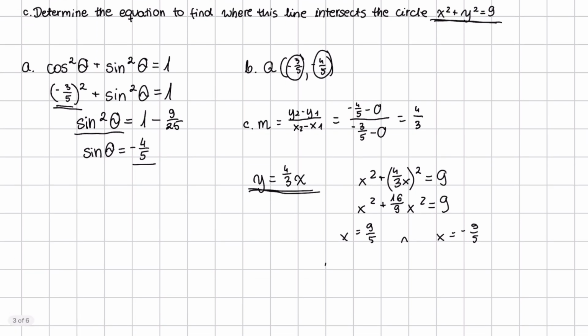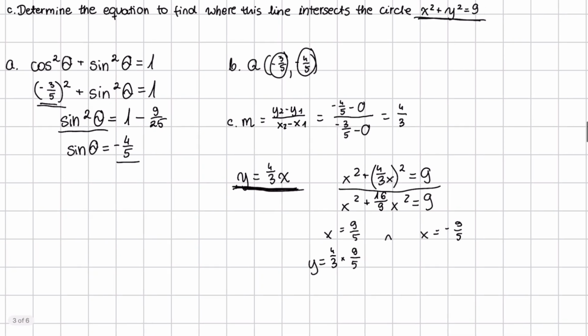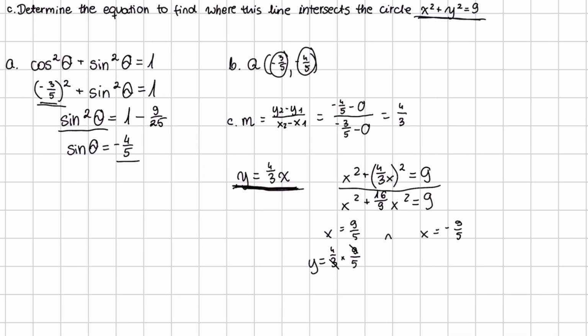So we have to find y for the first and for the second x. So basically we can substitute this x into one of these formulas. Let's substitute it in here because here we'll have less to calculate. So we have 4/3 times 9/5. So we can shorten our 3 and 9.